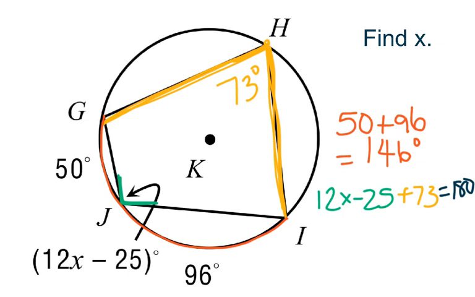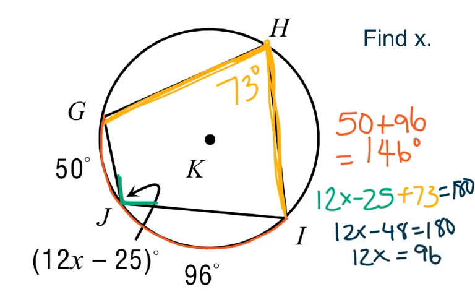So it's just some simple math from then. I got 12x minus 48 equals 180. I'm going to add 48 to both sides, so I got 12x equals 96, and then I'm going to divide both sides by 12, so I get x equals 8. And that's what the question asked for, find x, so I don't have to do anything else to it.